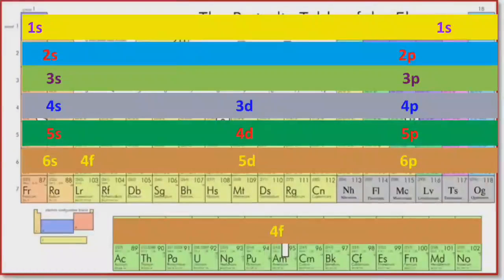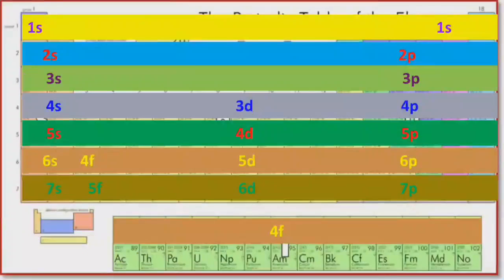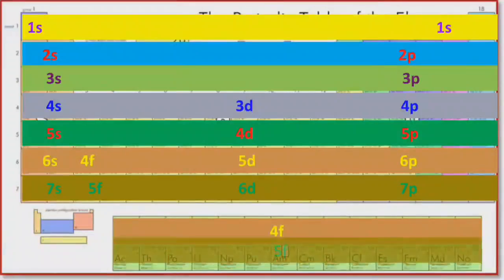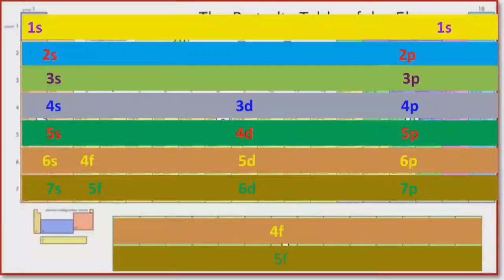From nihonium to oganesson, the 7p orbital is filled up. So in the seventh period, 7s, 5f, 6d and 7p orbitals are filled up. The actual place of the 5f series elements is in between 7s and 6d, but they are placed at the bottom of the periodic table to get convenient space.